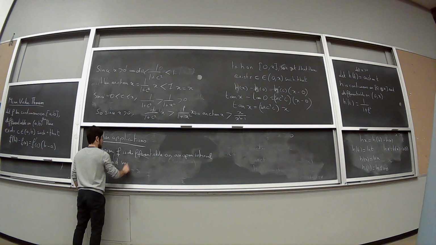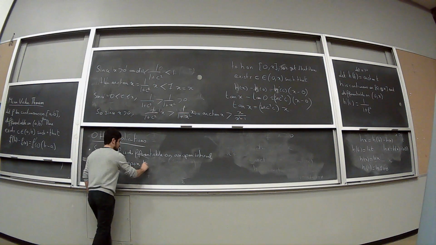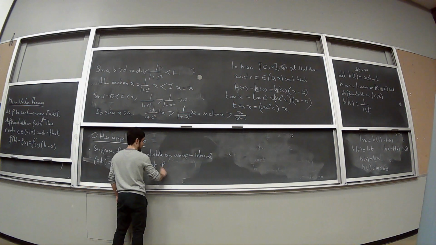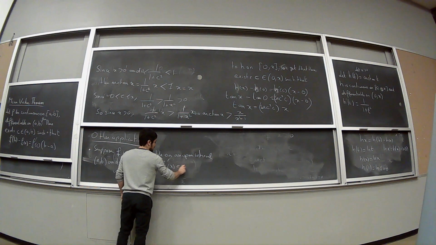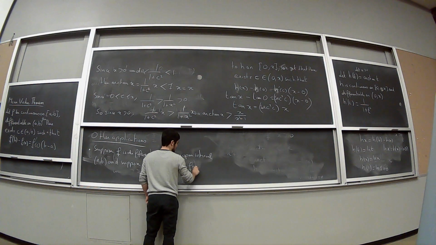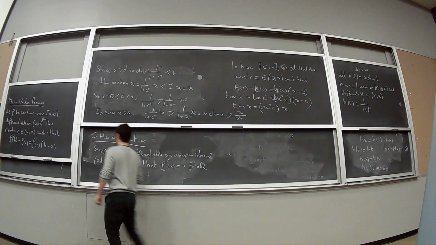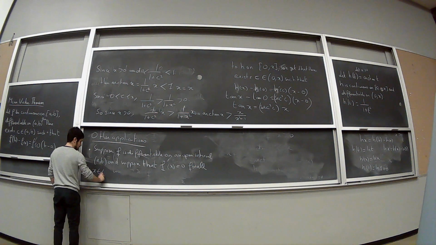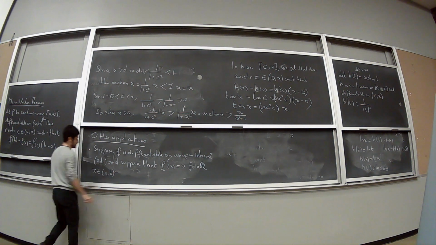And suppose that f prime of x is equal to 0 for all x in AB.